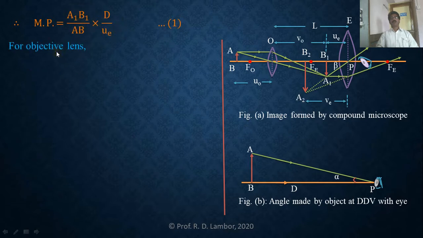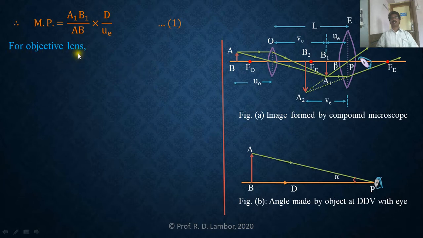Now for the objective lens, you can see here in this ray diagram, this is the objective lens. We know the magnifying power, or linear magnification, of the objective lens, or convex lens. The formula is that linear magnification of a convex lens or objective lens is the ratio of size of image upon size of object, which is also equal to image distance upon object distance.